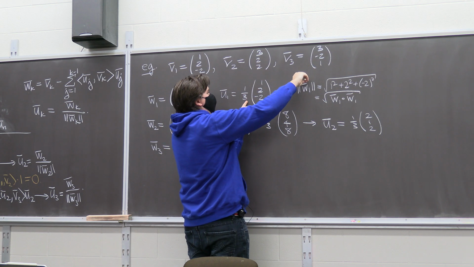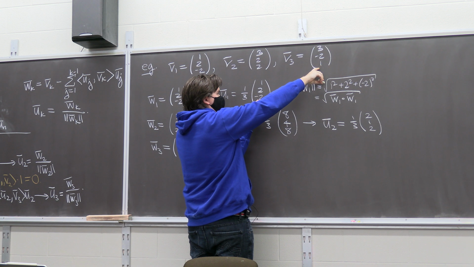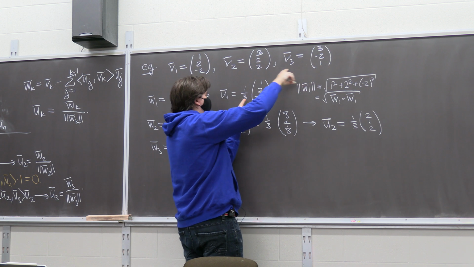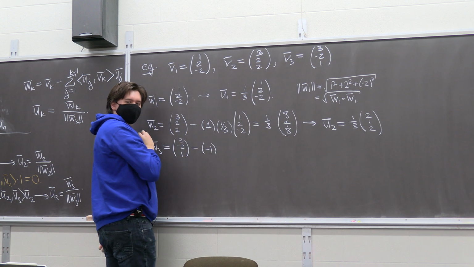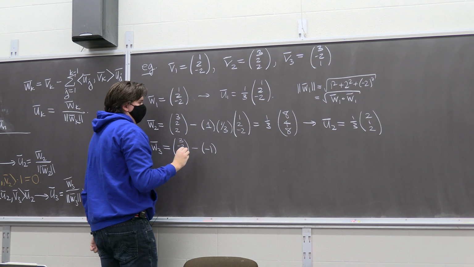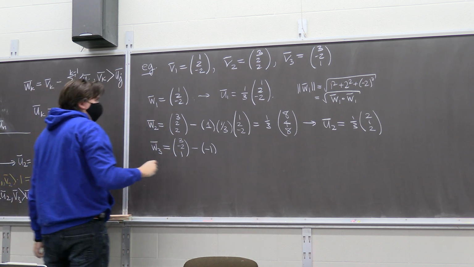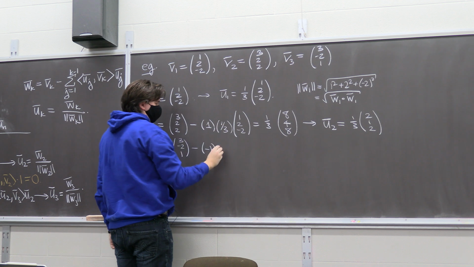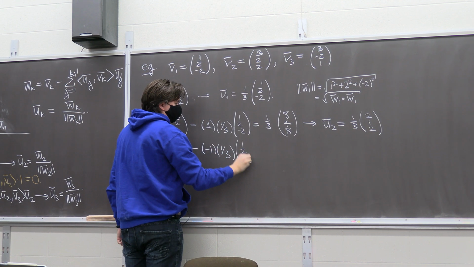So let's see what that is. 3 minus 4 minus 2. I think it's negative 3. Times 1/3 is negative 1. So we're subtracting negative 1. And then we want to have our U1. So U1 is right here. It's 1/3, 1, 2, minus 2.